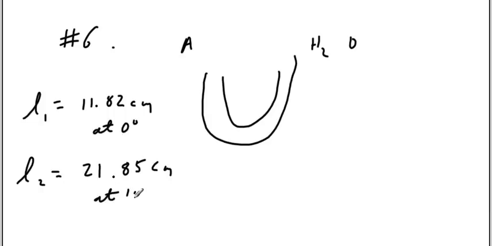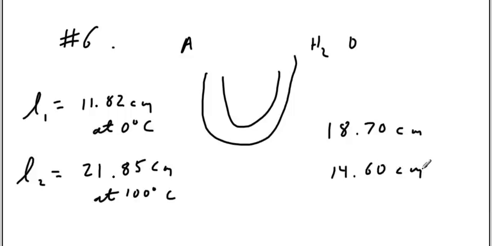So now the issue is both in centigrade. What is the temperature if the column length is 18.72 centimeters? And what is it going to be if it's 14.60 centimeters? Okay, so those are the issues.